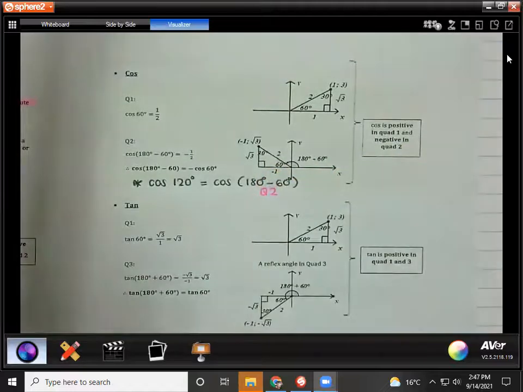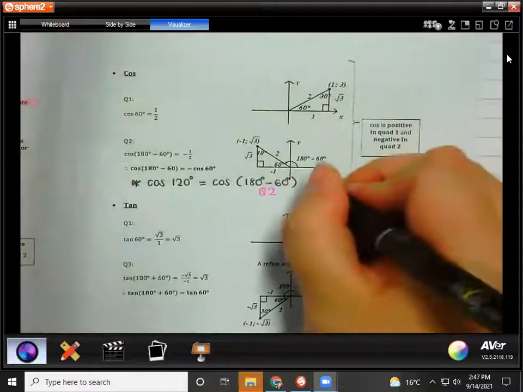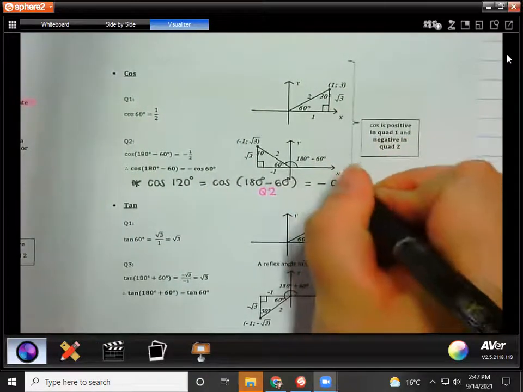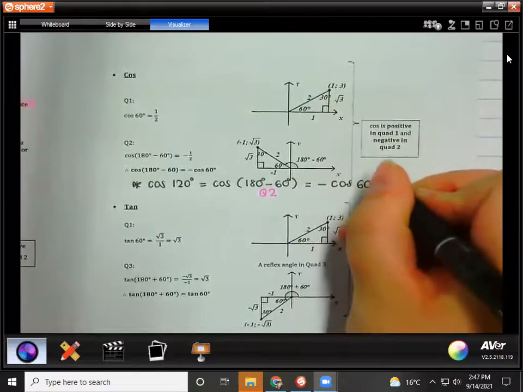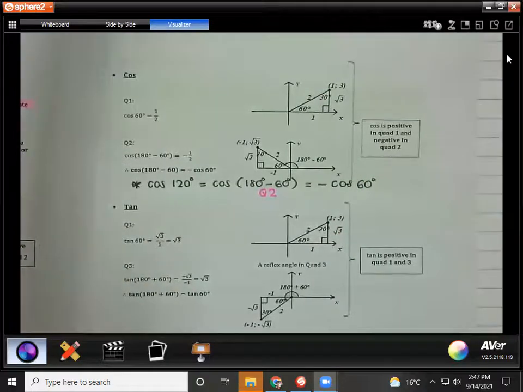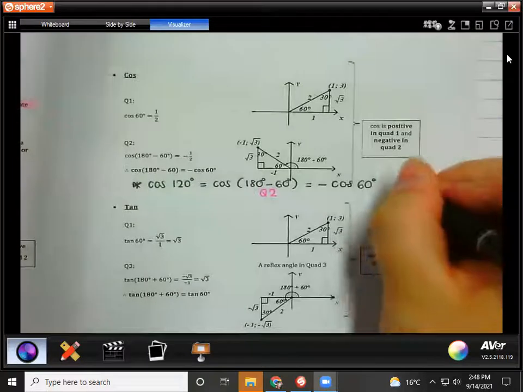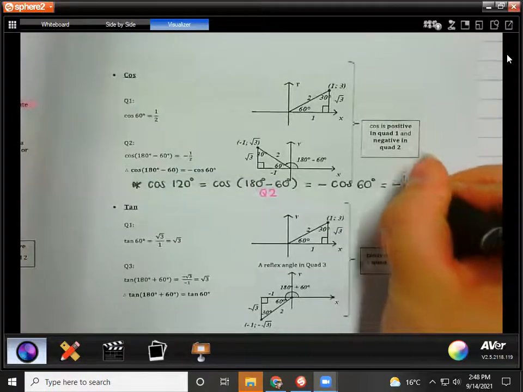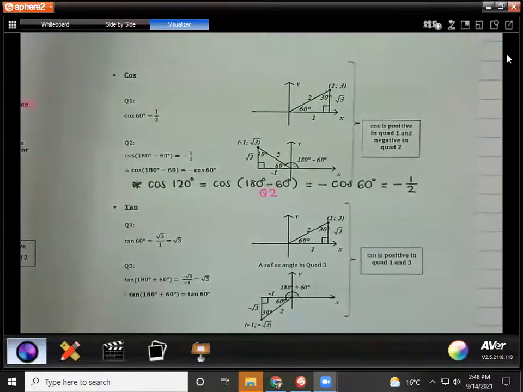What is cos in the second quadrant? Negative. So this is going to become negative cos 60. You're going to get the same value as cos 60, but because it's in the second quadrant, the answer is going to have to be negative. So the answer is going to be negative a half.